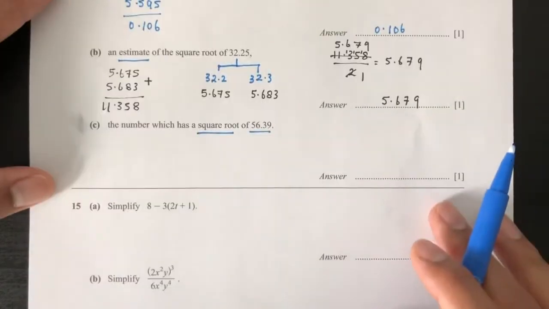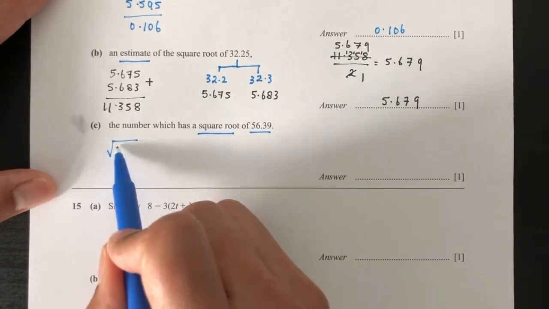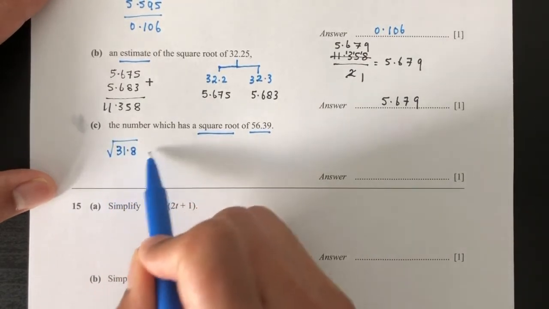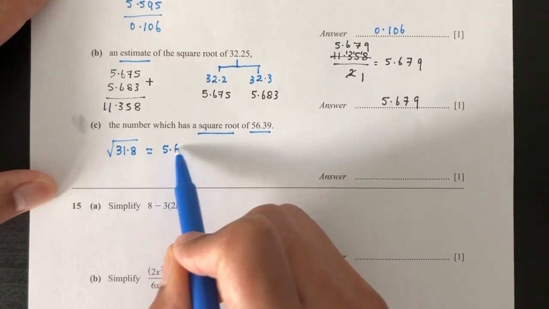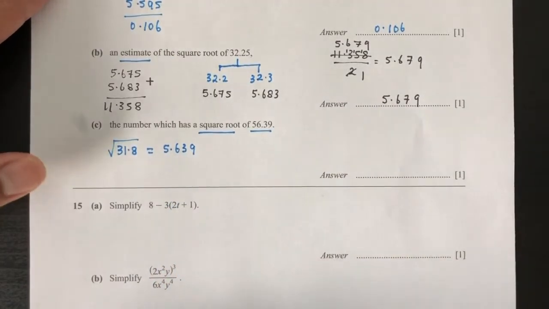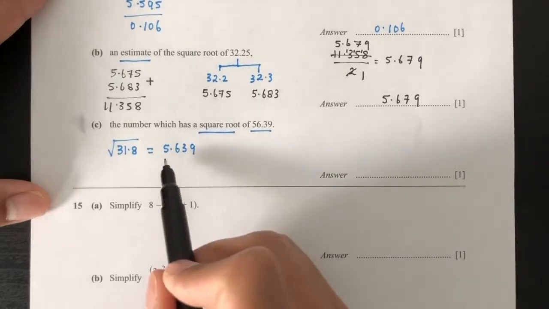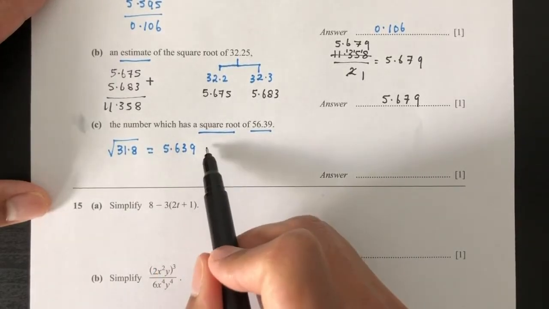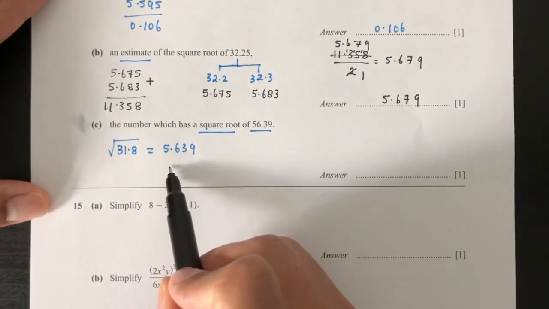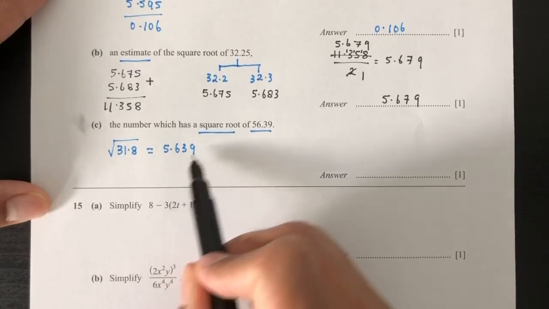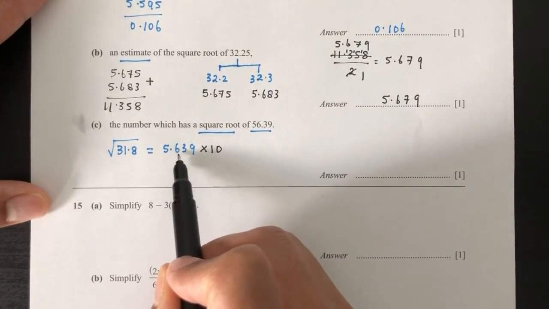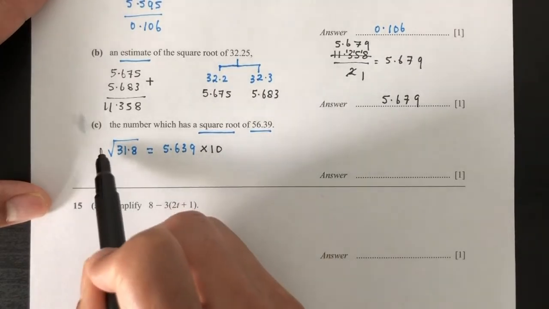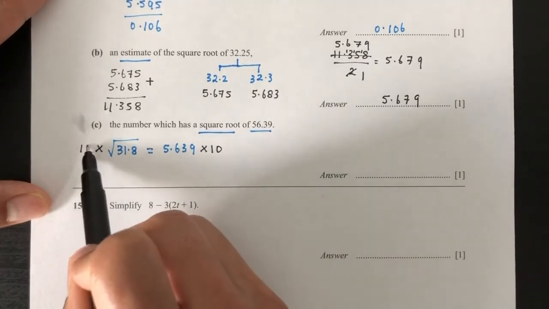So we know that the square root of 31.8 is equal to 5.639. Now you have to make this become this. You have to multiply by 10 on this side, so it will become 56.39. So you also have to multiply by 10 on this side if you do that, right?